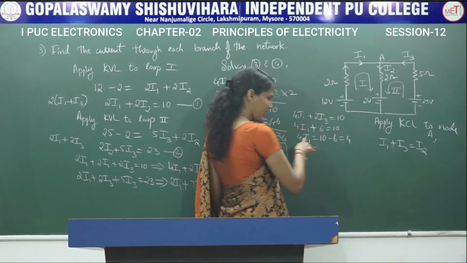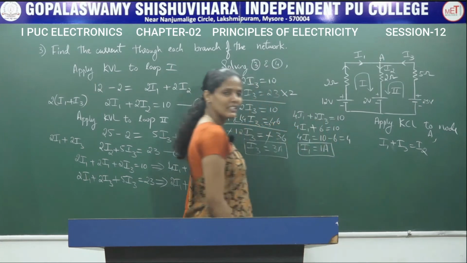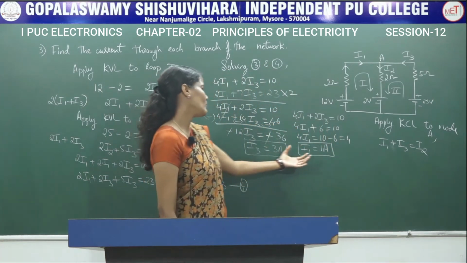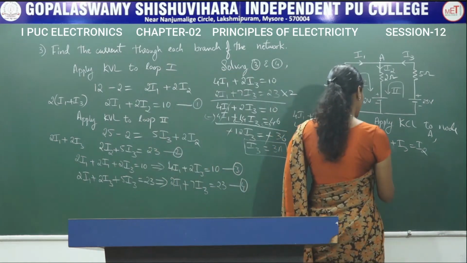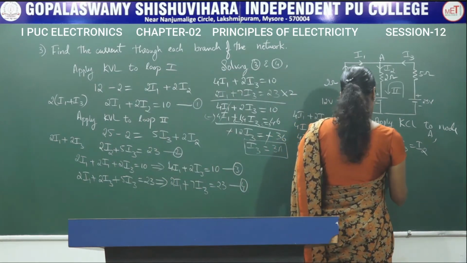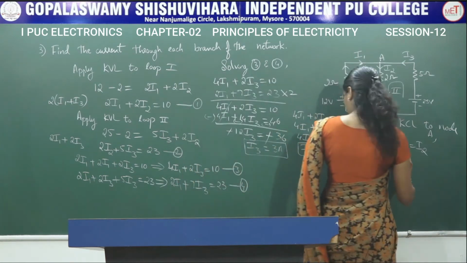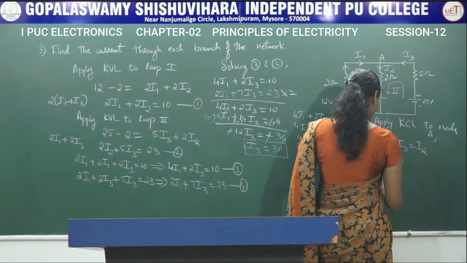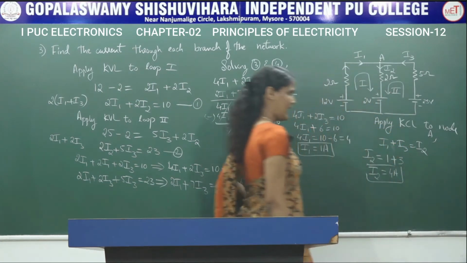I1 is equal to 4 divided by 4, which is 1 amp. Clear? Now we have I3 and I1, so you can easily find the I2 value. I2 is equal to I1, that is 1 amp, plus I3, that is 3 amps. So the I2 value is 1 plus 3, which gives me 4 amps.